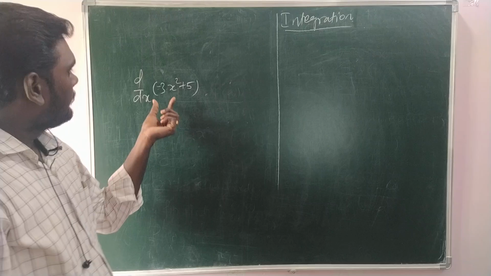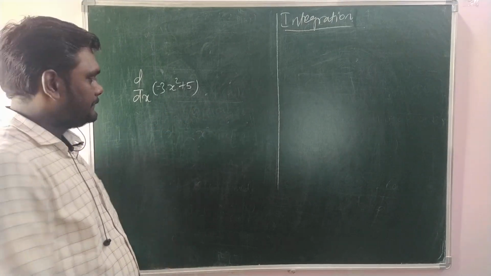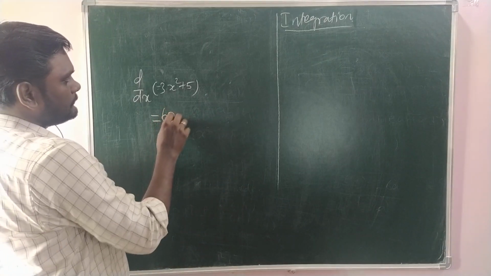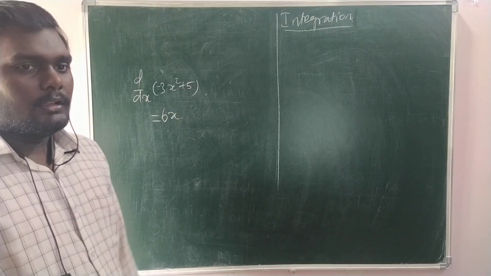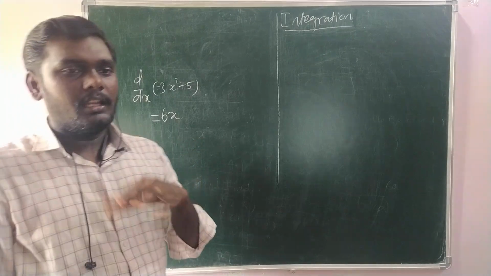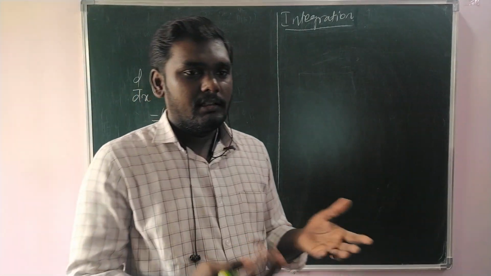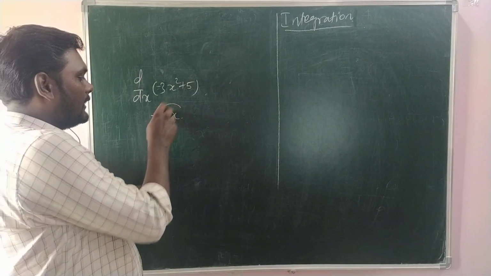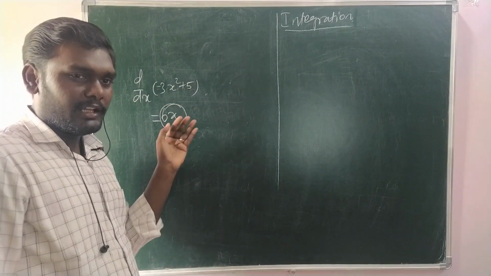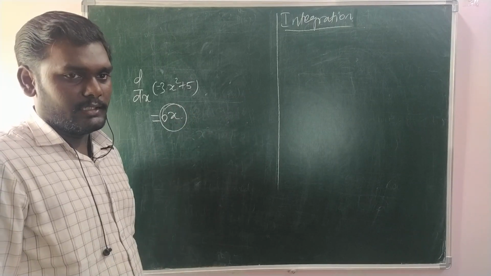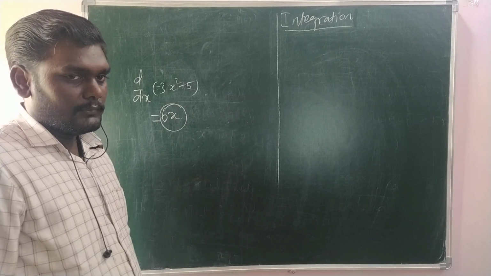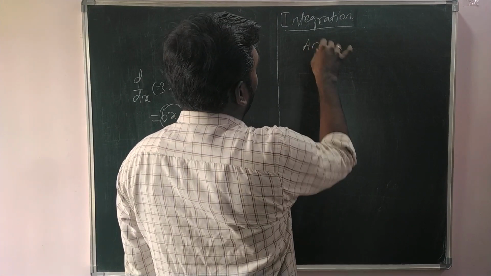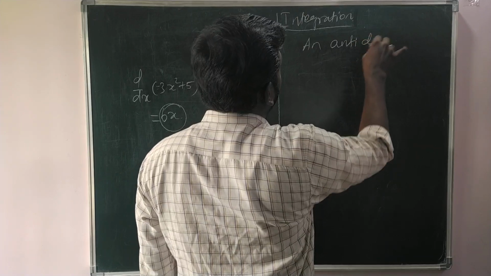We can find the derivative, right? So what is the derivative of this? 6x. Now integration investigates what would be the reverse form, the antiderivative of 6x, how it actually was before getting derived. So we call integration an antiderivative.